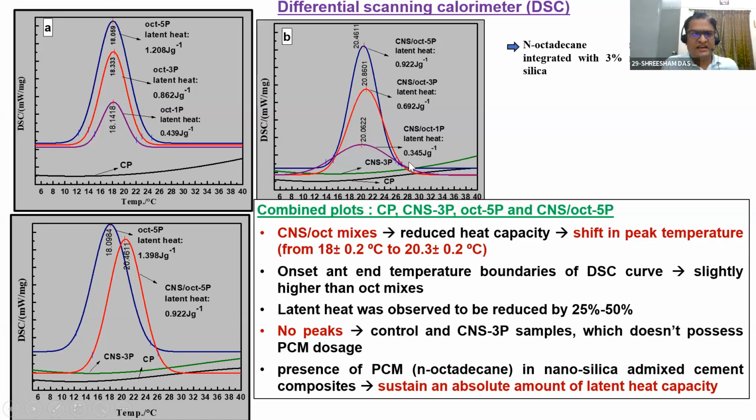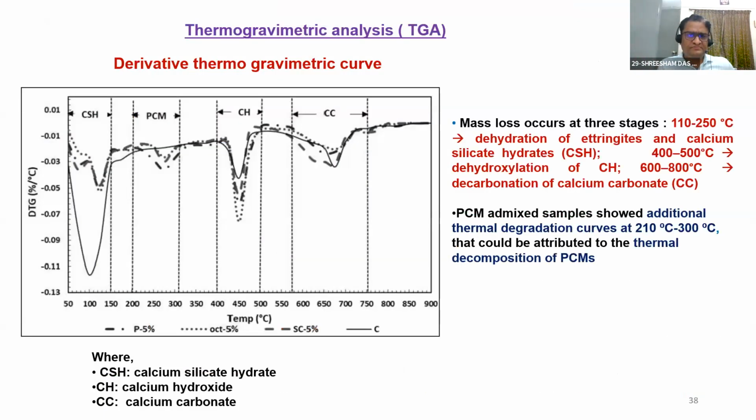The peak is getting flattened, and that means I am losing a little bit of heat storage capacity by going with the nanoparticles, but simultaneously I'm making the material stronger, more highly performing.